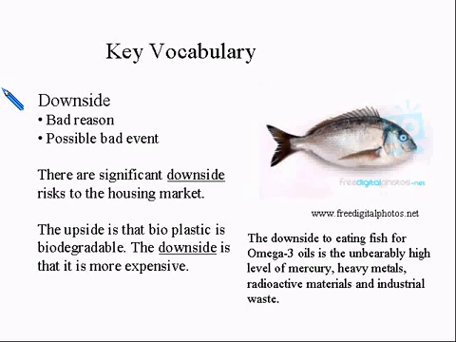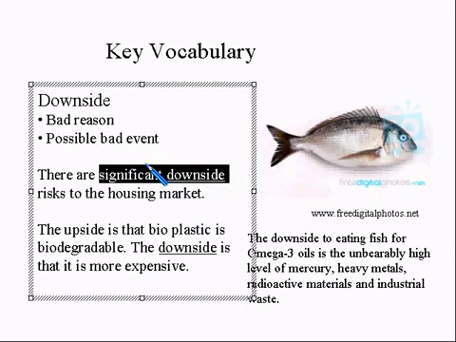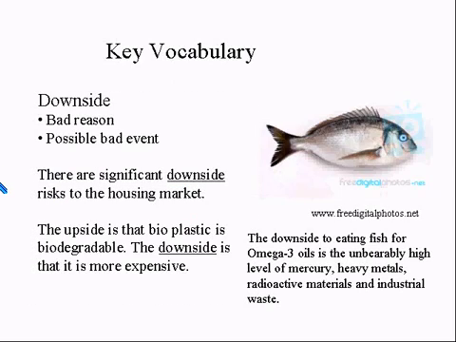Downside. The downside is a bad reason or a possible bad event. So for example, there are significant downside risks to the housing market. That means there could be something bad happening in the housing market, or the prices will go down.